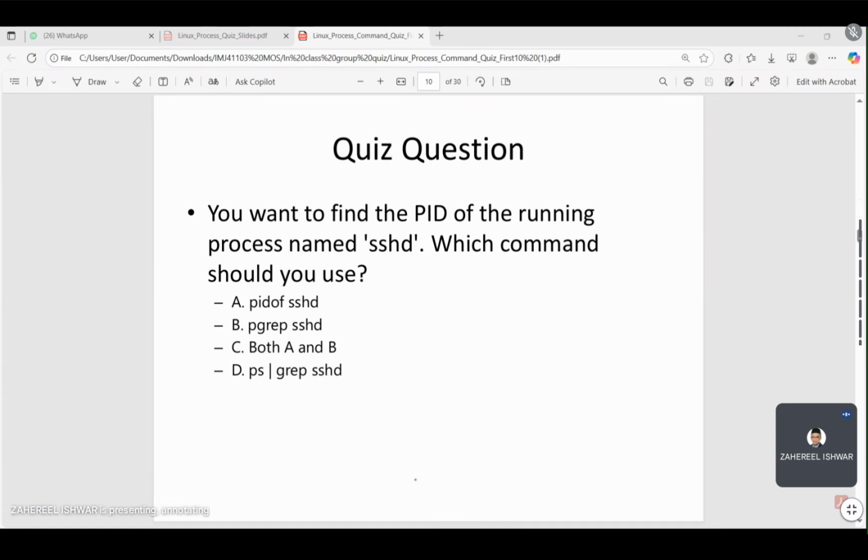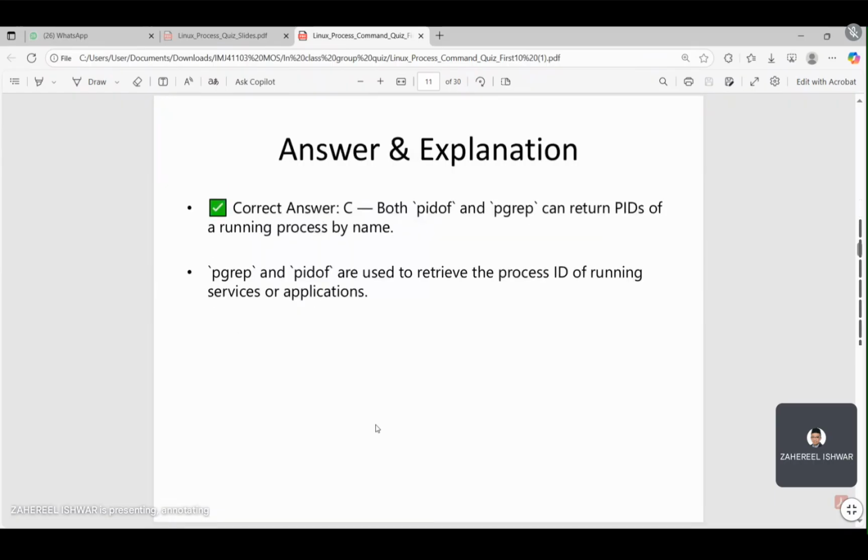Group 3 answer is B. Okay, pgrep sshd will give you that. What about the rest? So not only B, A also can be used.